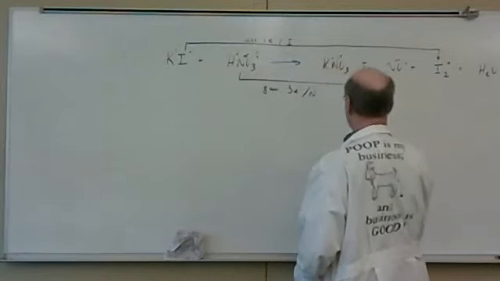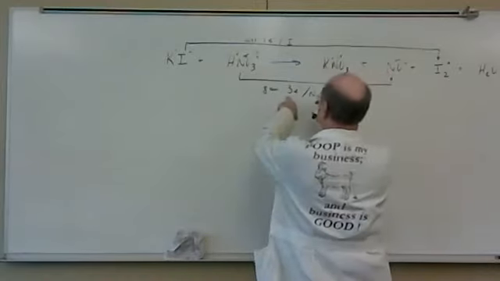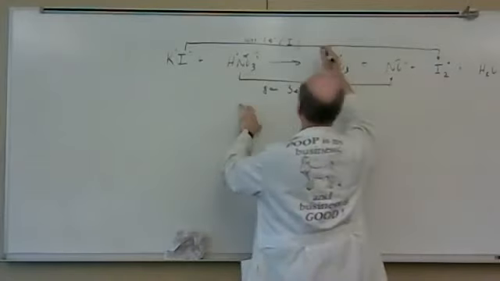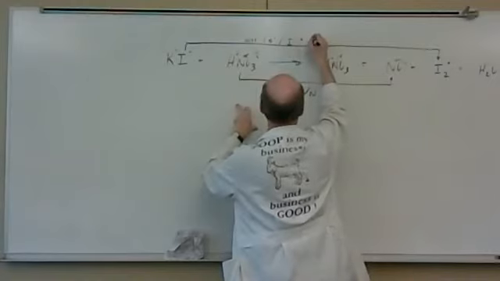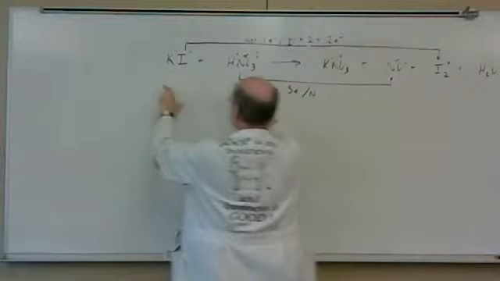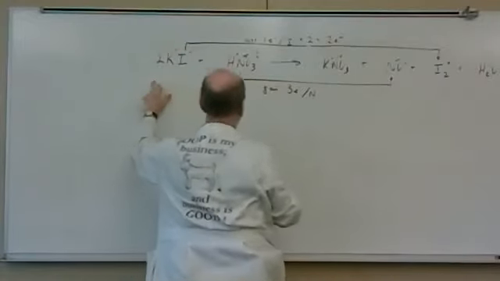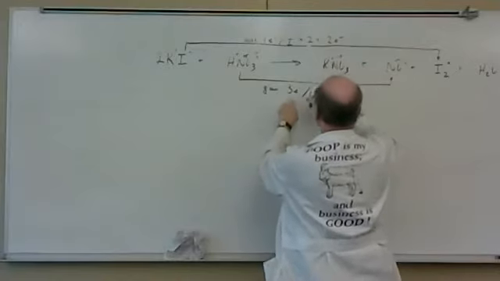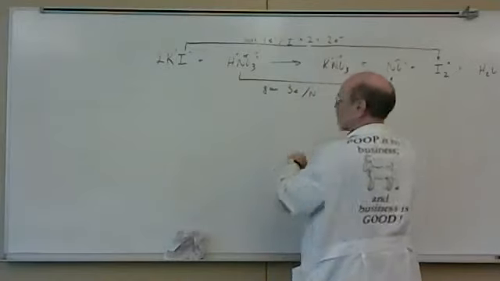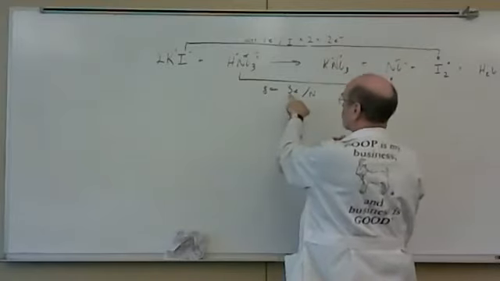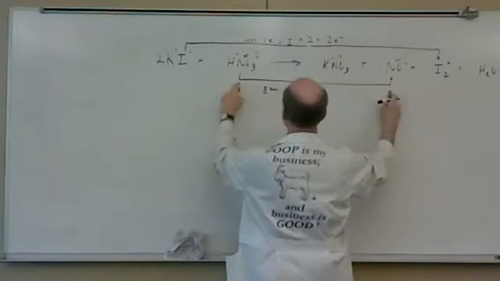So now we have 2 iodines here equals 2 electrons, which means this needs to be 2. But this is 3 electrons and that's 2, so we're going to have to cross multiply.